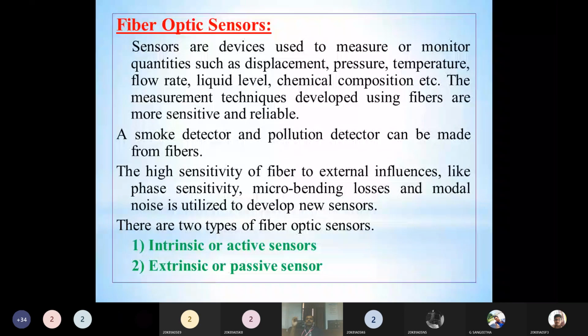Like temperature also, if temperature increases, those absorption properties will change. Suppose the material we are taking is silica. Silica glass absorbs a particular wavelength at room temperature.